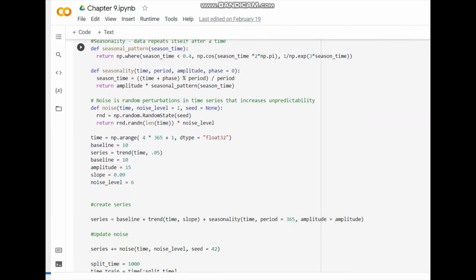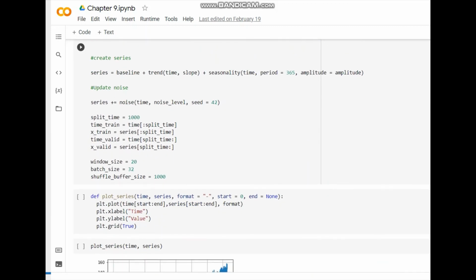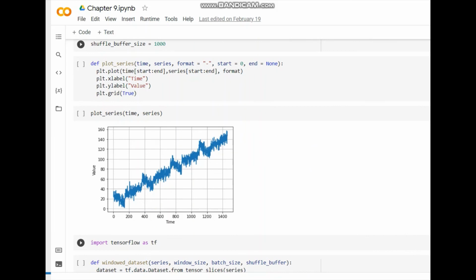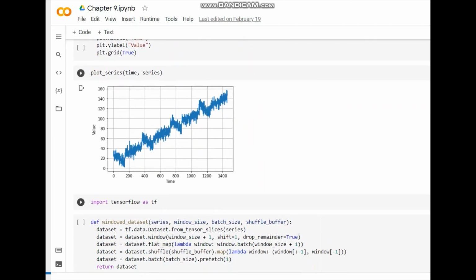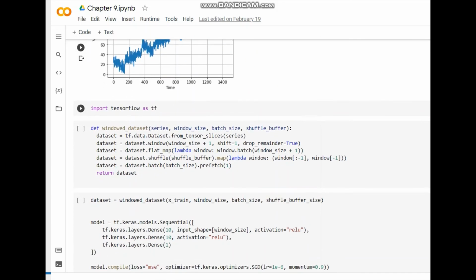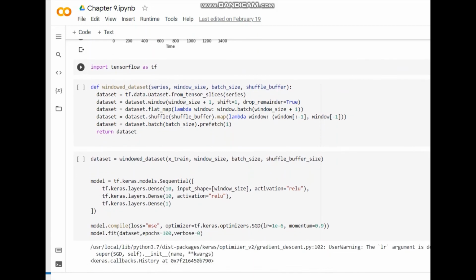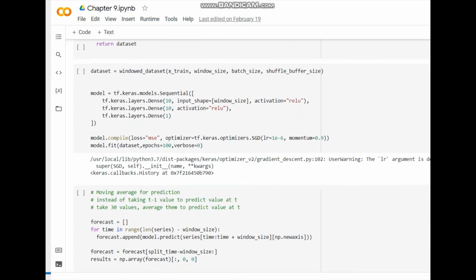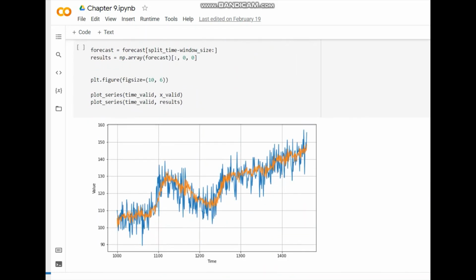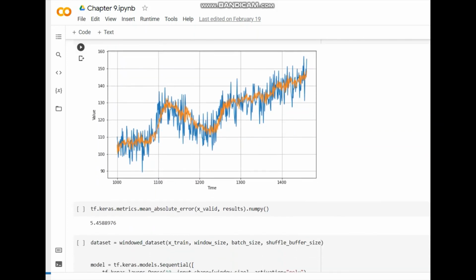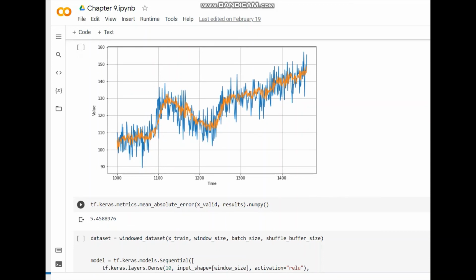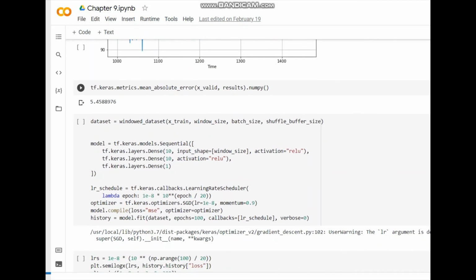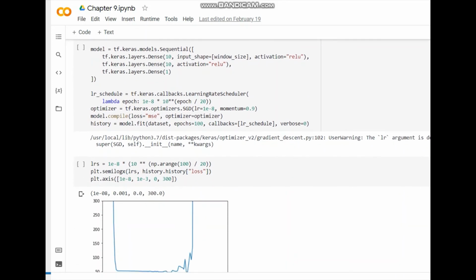I hope there is no need to discuss this code again. You can just see my plots here, the time series plots, and how we have converted these, and the metrics, the mean absolute error, was around 5.45.